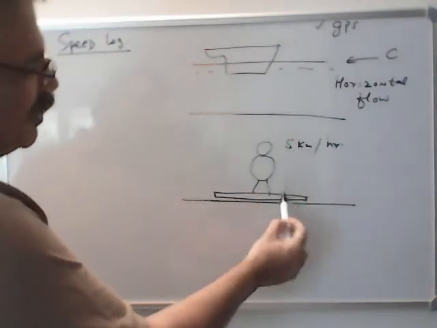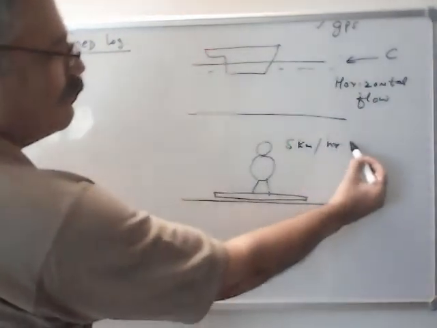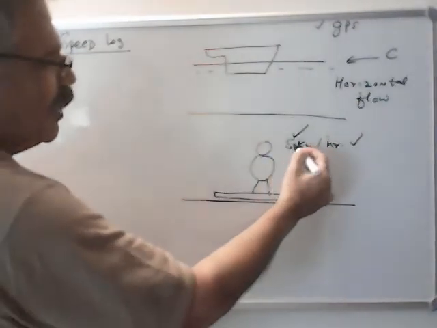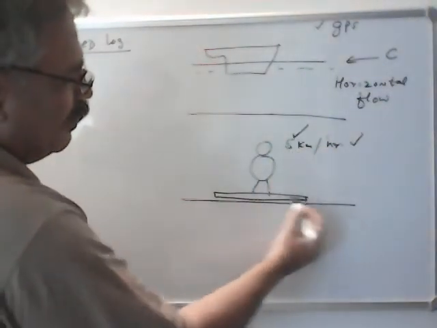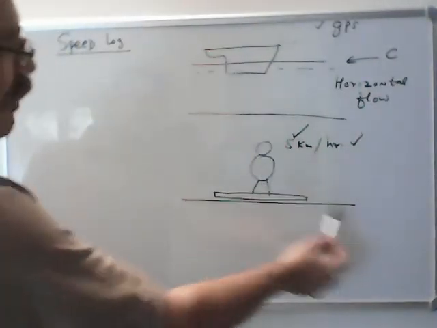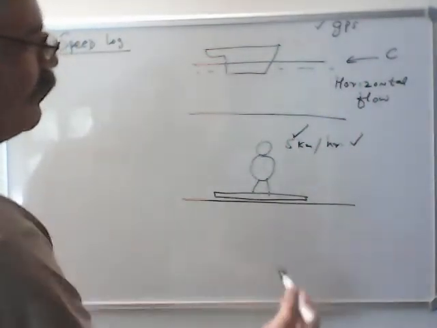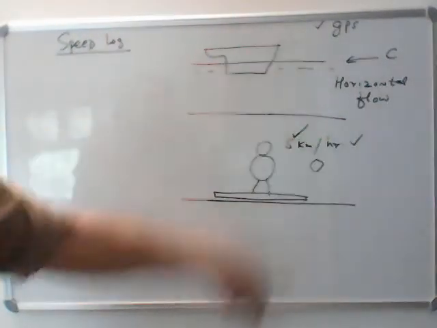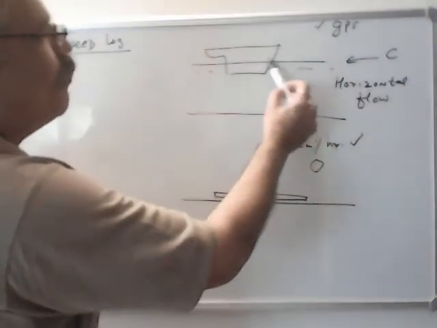You have a speed with respect to the treadmill belt, which is 5 kilometers per hour. And what is your speed with respect to the ground, that is the floor? 0. So similarly on a ship, you will have a speed through the water.